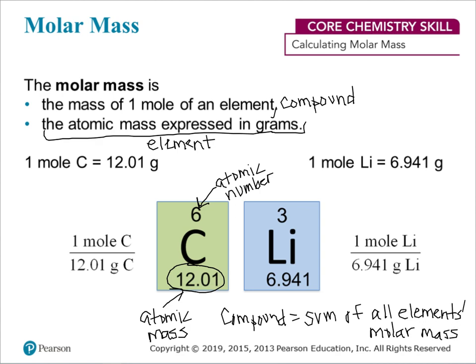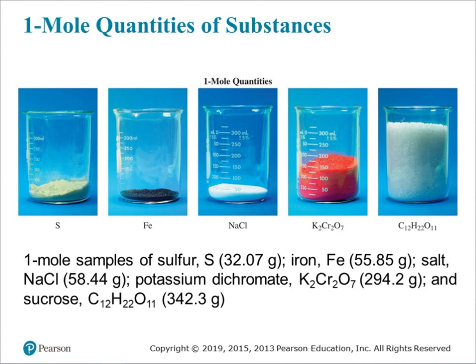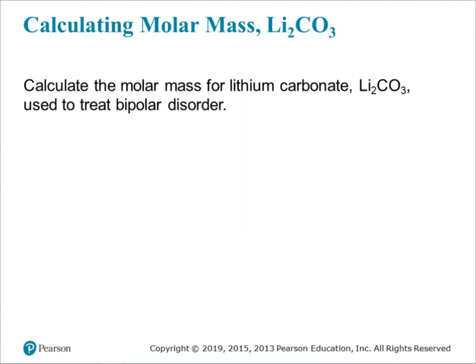So let's practice that. This is just a visual of what 1 mole looks like. It's going to look different depending on what the molar mass is. So let's calculate a molar mass of a compound. We have lithium carbonate, which is used to treat bipolar disorder and some other mental disorders.